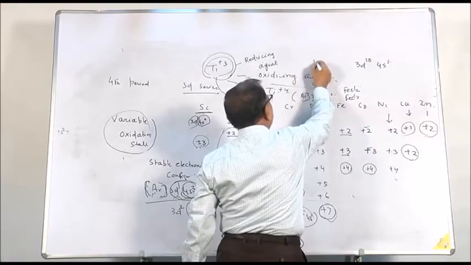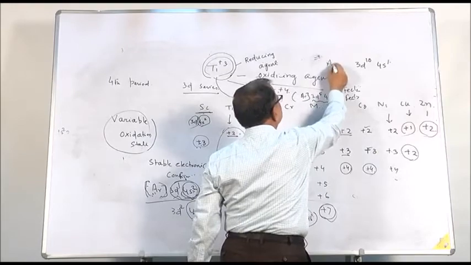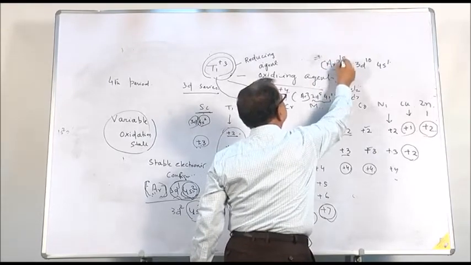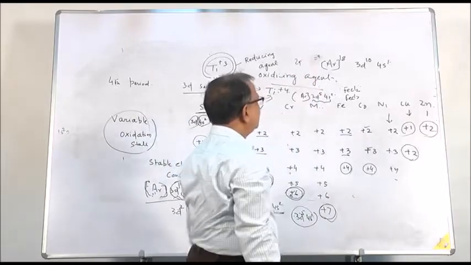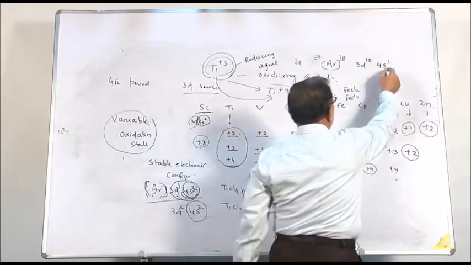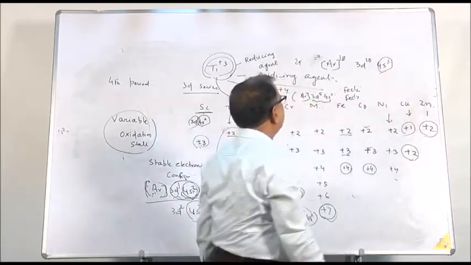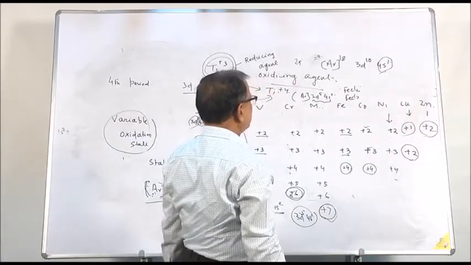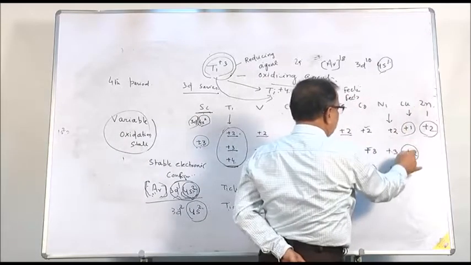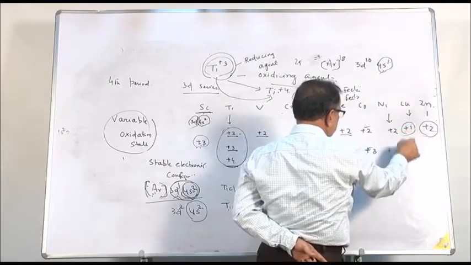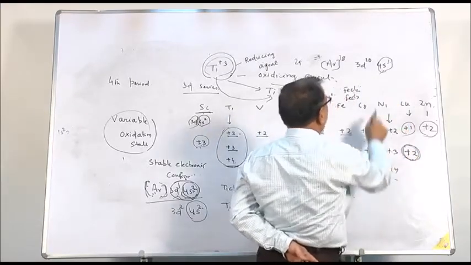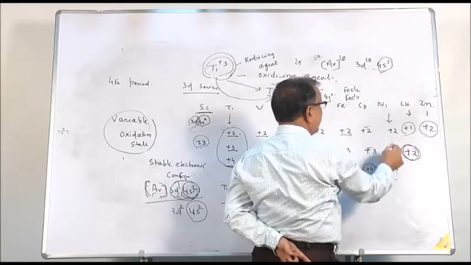Copper is 29: 1s2, argon, I am writing argon, 18, and it is at 29. If we remove the 4s1 electron, it will be 3d10 configuration, so it would exhibit +1 and +2. But it was found that between +1 and +2, +2 is more stable in aqueous solution.